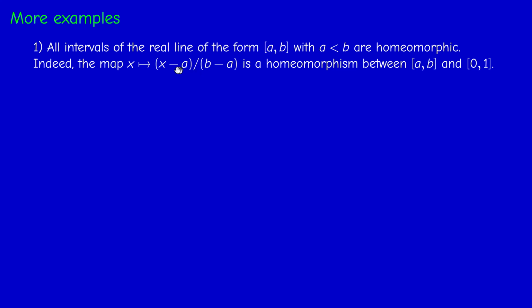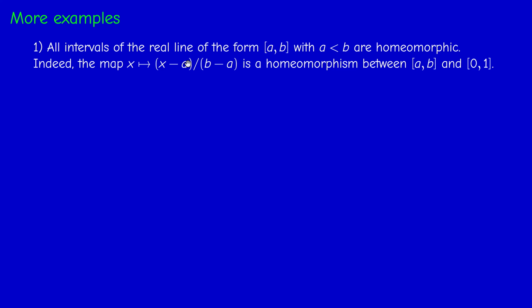So it's a homothety first, or dilatation, stretching or contraction, depending on the size of b - a, followed by a translation. So to go from [a, b] into [0, 1], we first do a stretching and then a translation. Okay, this is very easy.